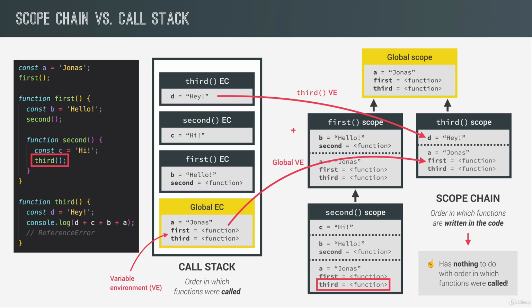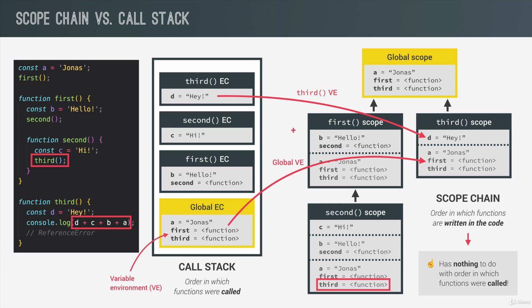Great, so what happens in this third function? Well, we're trying to access variables b, c, d, and a here. D is no problem because it's right there in the third function's scope. So that one is easy. Then variable c is not in a local scope, and so JavaScript needs to do a variable lookup. So it looks up in the scope chain, looking for variable c, but it's not there.